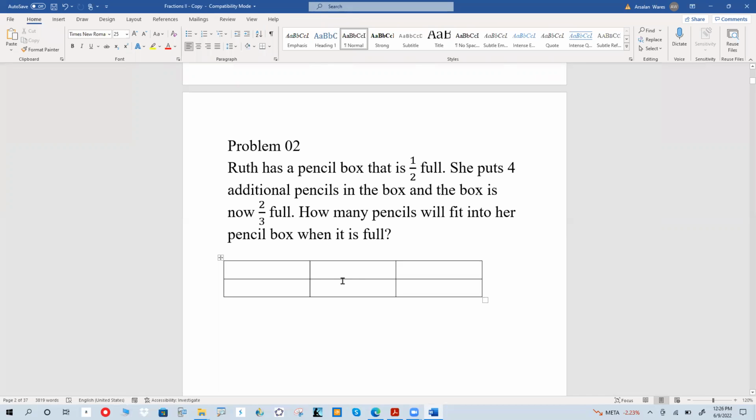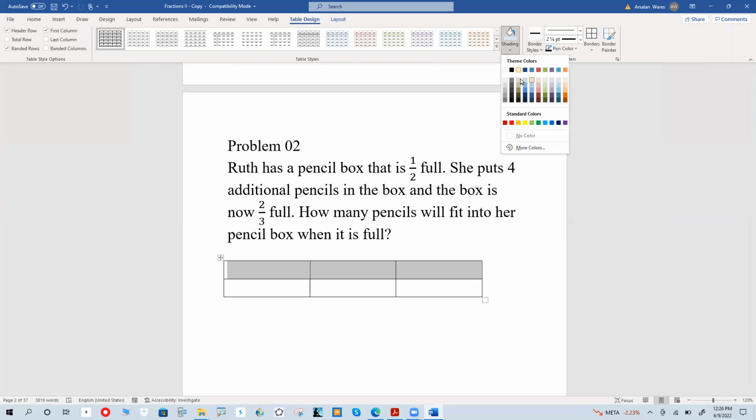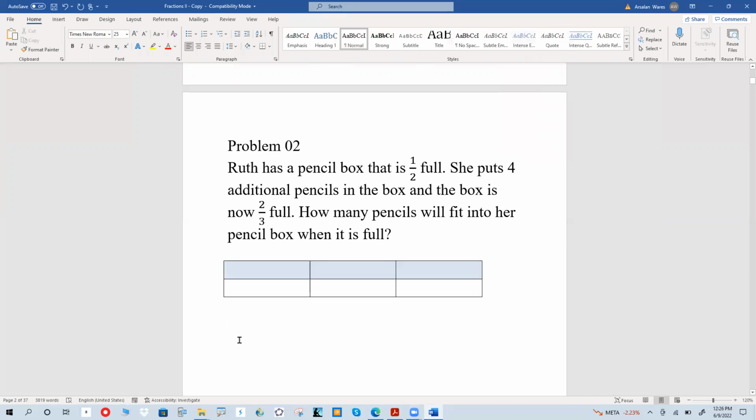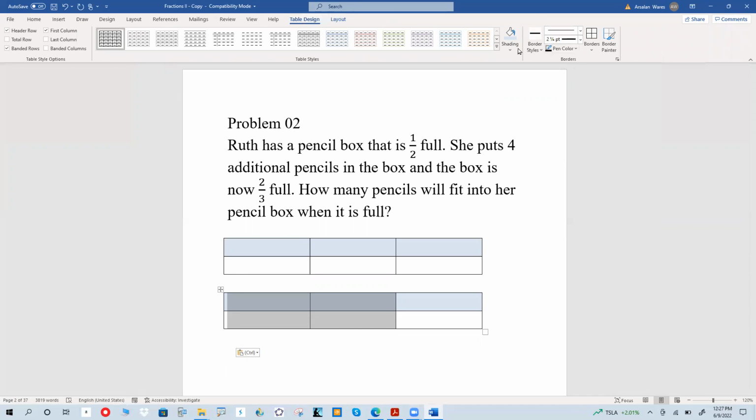Now, I am going to show you guys how to represent half. Clearly, half will be this. Half of 6 is 3. And I also want you to understand that 2/3 will be, okay.